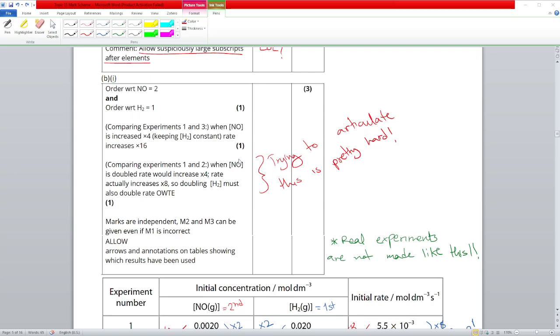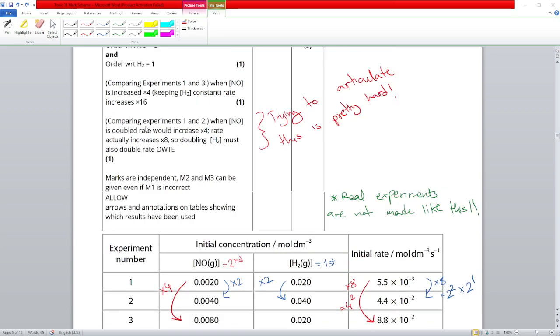So this part here, question B1, justifying why you've selected a particular number as the order with respect to that reactant can be pretty hard. I highly recommend writing this down if you need to, and I will give you this as a PDF as well, this annotated markscheme document, so you can copy it down from there later.